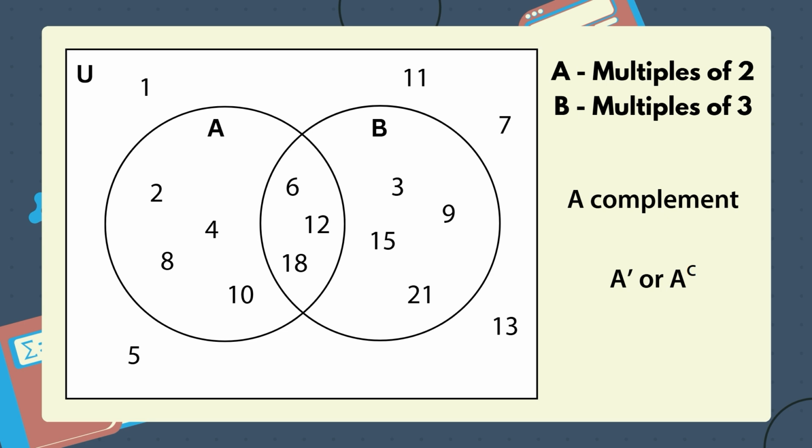Both of them mean complement. I currently have A highlighted. A complement is everything in the universal set except A. A lot of times it's handy to think of A complement as not A.